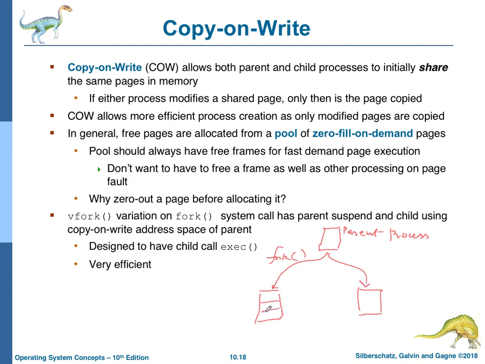For example, this is the parent process. Maybe this is a library, and this is maybe some data. So exactly the same data will be copied over here. Library and data, right? So for example, this is 2 KB, this is 2 KB, and this is 1 KB. The process is 5 KB.